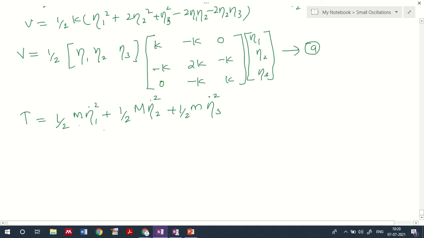Now the kinetic energy as well we can represent by a matrix representation.